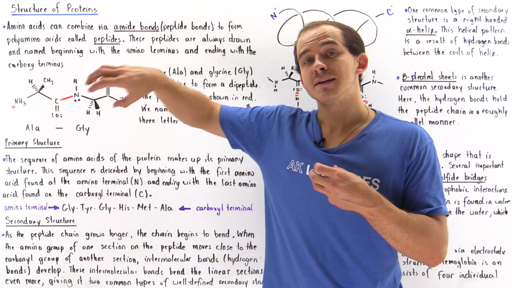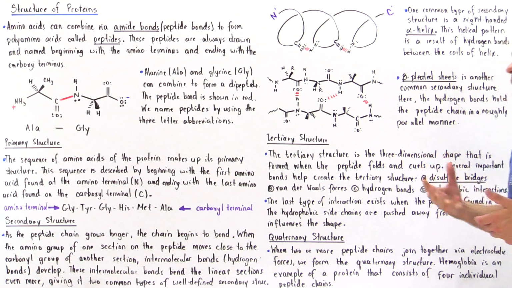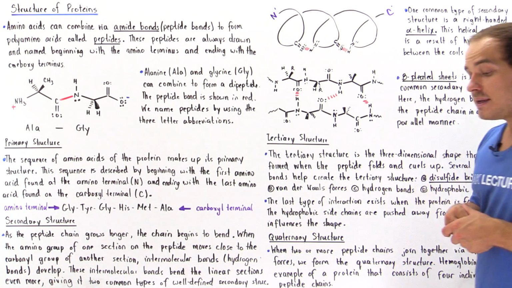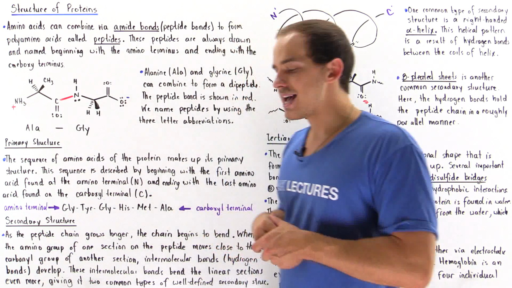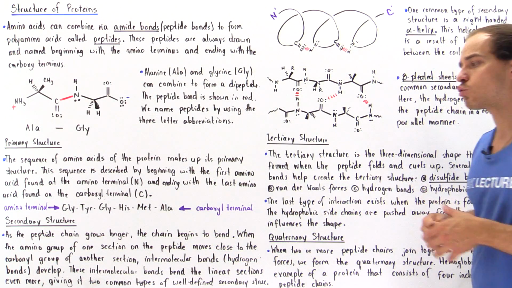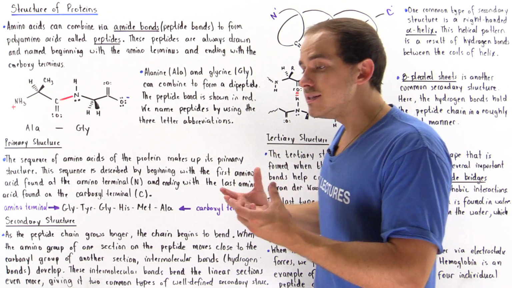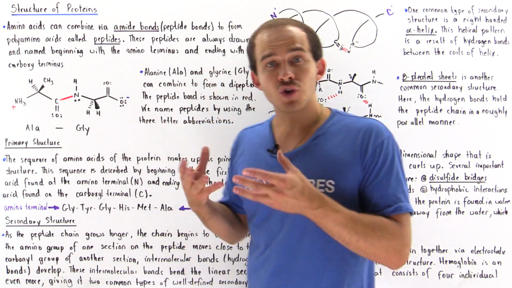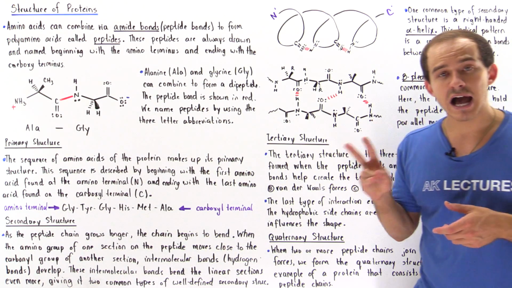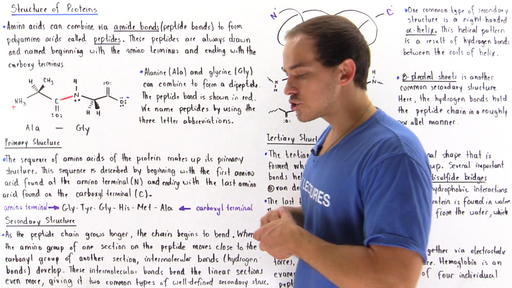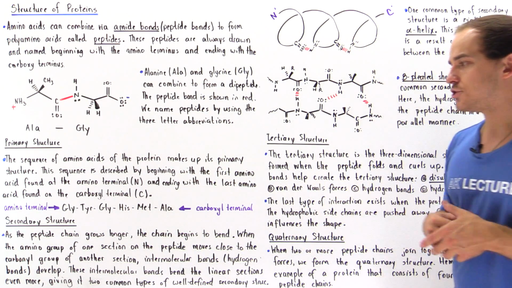As it begins to bend, we have intermolecular interactions that take place between the oxygen of the carbonyl group on one amino acid and the hydrogen on the amino group of a different amino acid. This leads to the formation of a structure known as the secondary structure. We have two types of secondary structures: the alpha helix and beta pleated sheets.